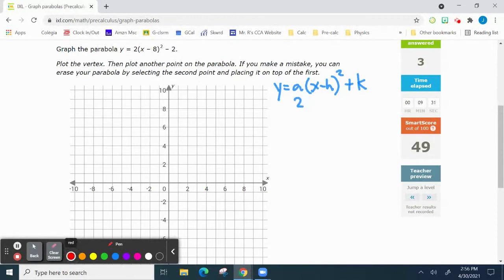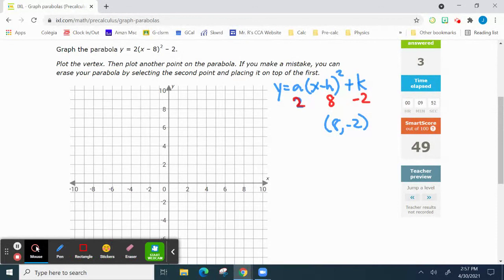For h, we have an 8. And for k, we have a negative 2. So the vertex is at 8, comma, negative 2, right? So we'll put that on here. 8, negative 2 is right down there.